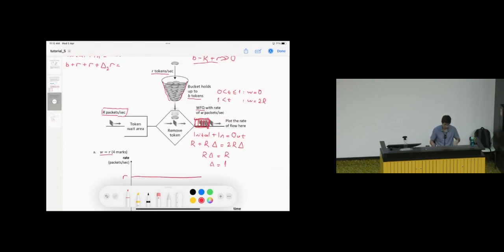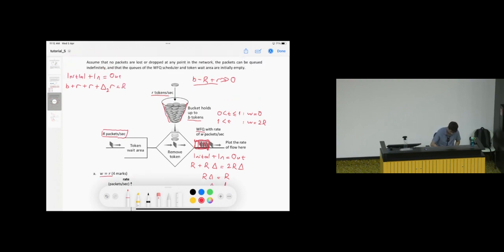These packets will always be served at R packets per second. So that is capital R plus capital R plus, from second 2, I still have capital R packets per second arriving. So I'm going to have delta 3 times capital R. Oh, what delta 3? It's delta 2.